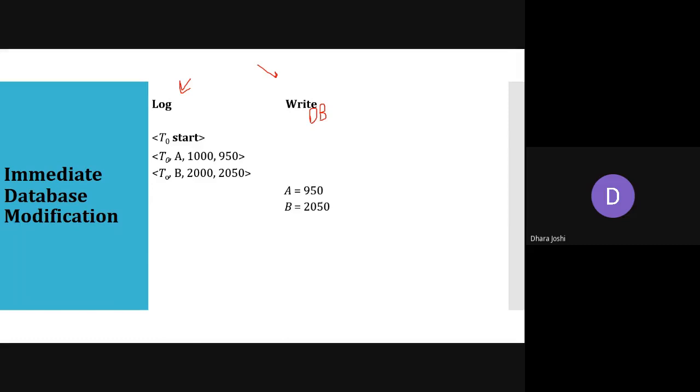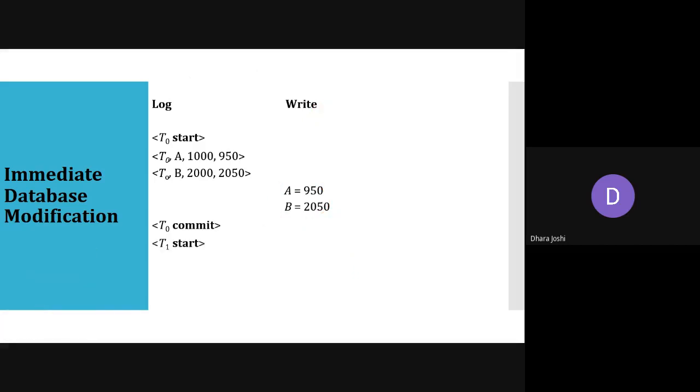So the A value will be updated into the database with the new ones, 950 and 2050. Then transaction T0 commits. Suppose this is a deferred database modification, then these two steps would come after this place. But it is immediate, so they are not waiting for the commit instruction.